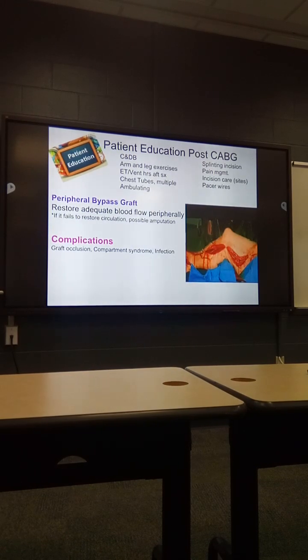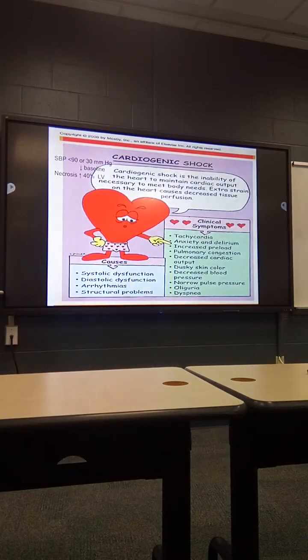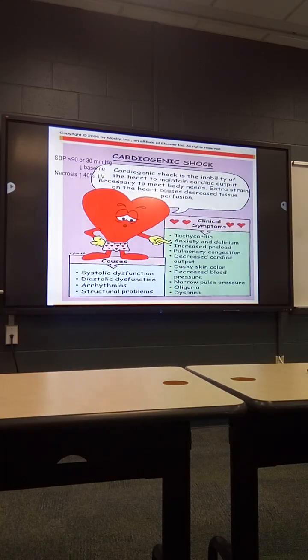I know you guys learned about that last semester, where there's so much swelling within the extremity that it's cutting off circulation. And the other complication is cardiogenic shock, where that vessel is so occluded, or the heart is so damaged, that now the patient's going into shock because of a lack of cardiac output.